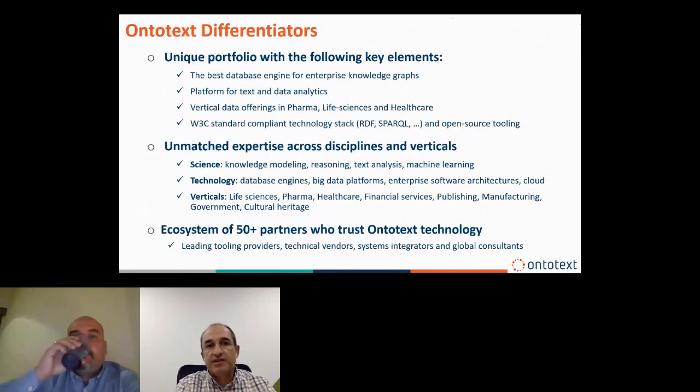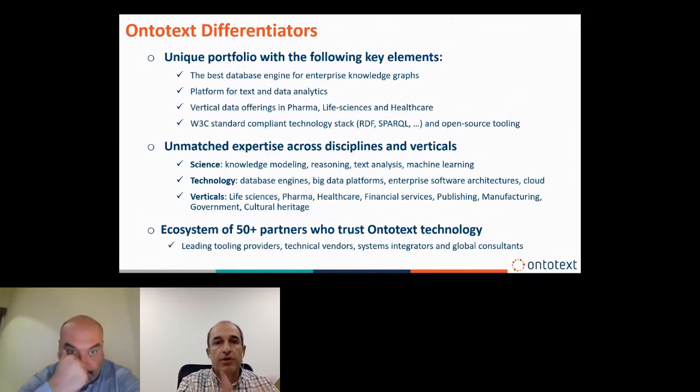Basically, a very solid technology portfolio, one of the actively used semantic graph databases, the most scalable one in pharma and healthcare, allowing us to build even richer knowledge graphs via text analytics and also consume data via various data analytical pipelines.